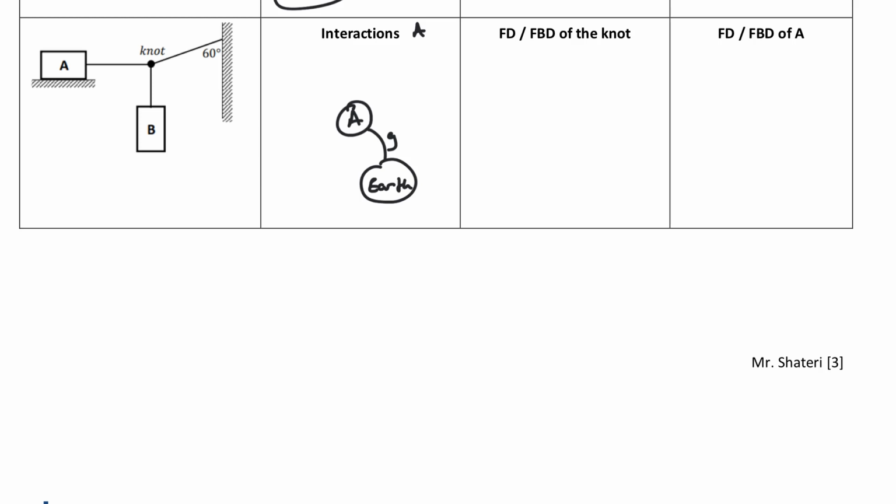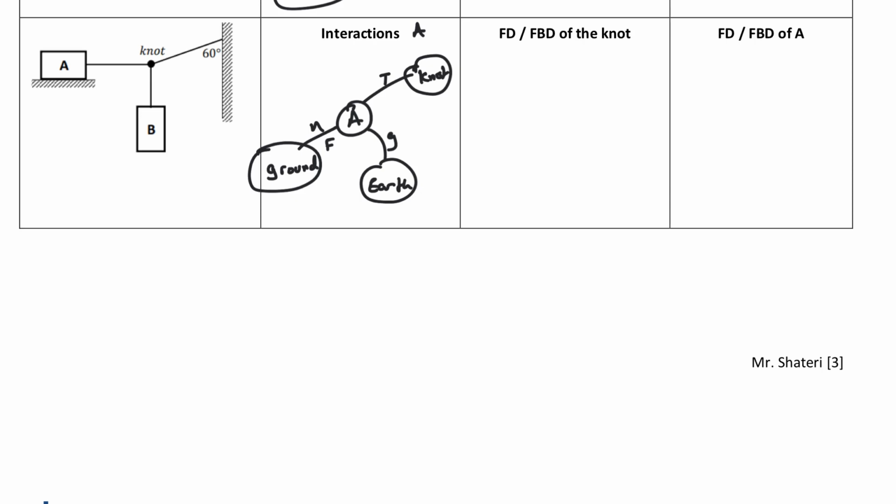So I'm going to say the nut through tension. And what else is it interacting with? The surface, or I'm going to call it ground. It could be surface, and normal and friction. So we get 4 forces to draw on A.